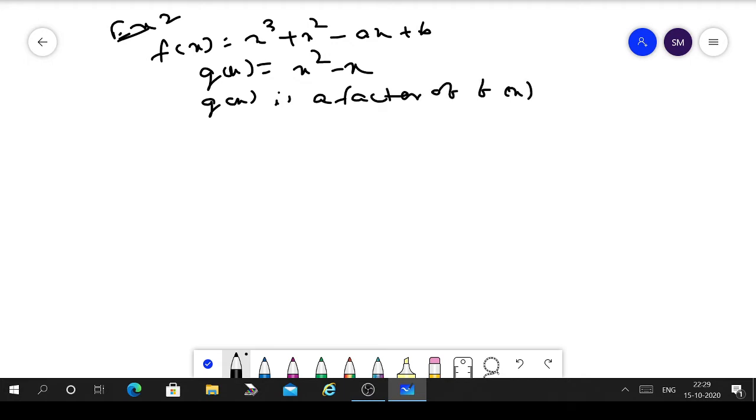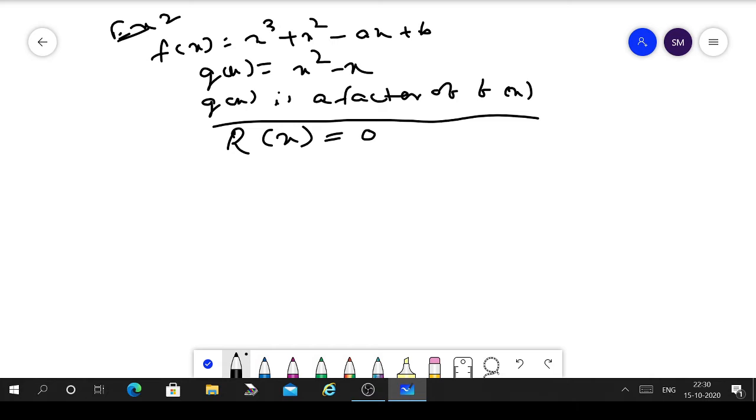What do you mean by g(x) is a factor of f(x)? As g(x) is a factor of f(x), by division algorithm r(x) is equal to 0. This means remainder is equal to 0. Then we have to find out the value of a and b.